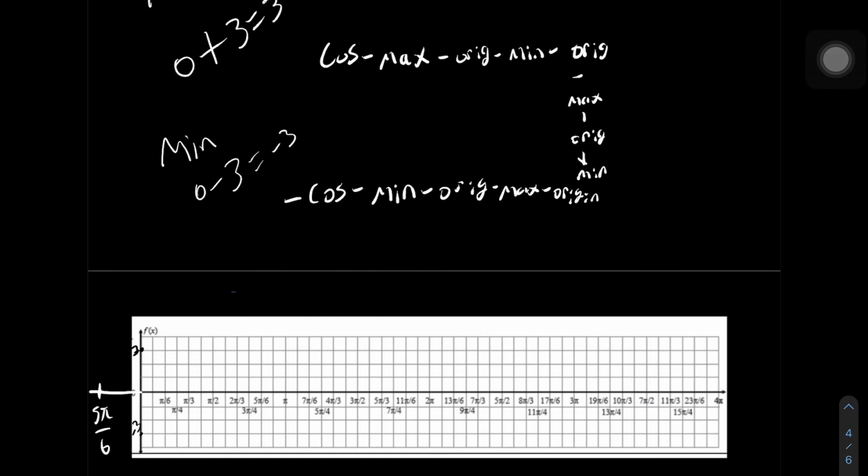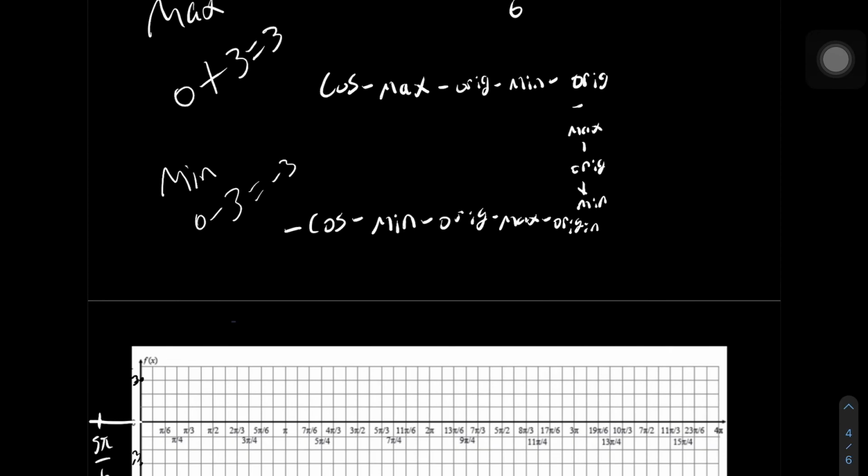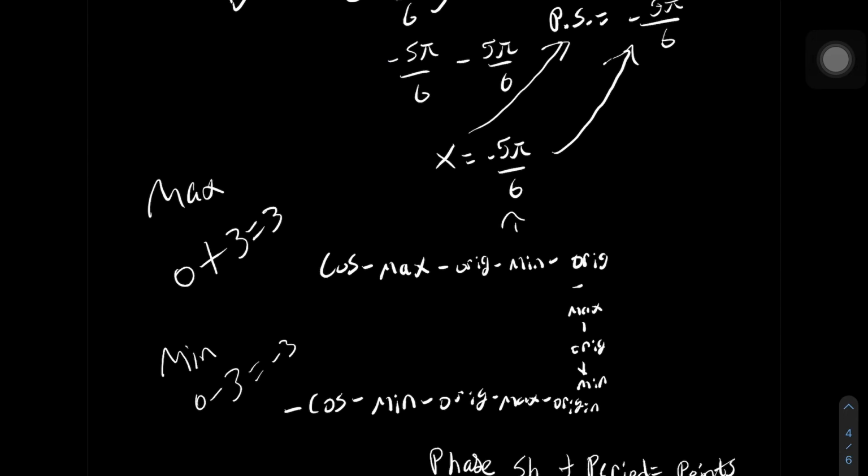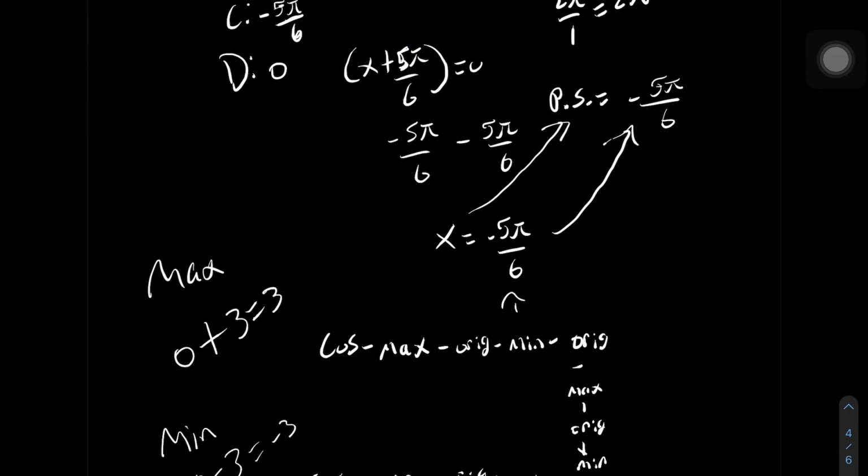And now we want to first plot our first point after our period. And again, we're going to do the same thing, similar to what we did for sine, which was phase shift, I'm just going to put an S H, phase shift plus our period equals one of our points. And so phase shift was negative 5 pi over 6 plus our period, which was 2 pi.